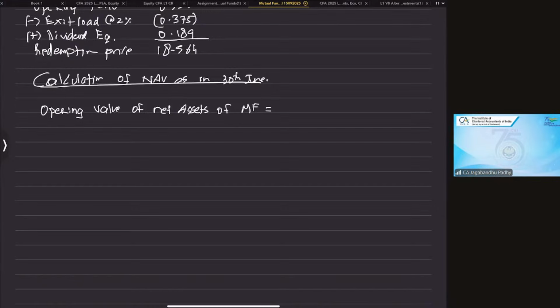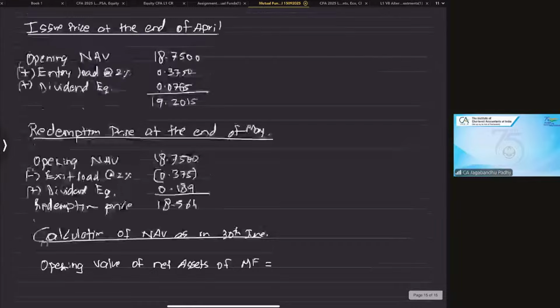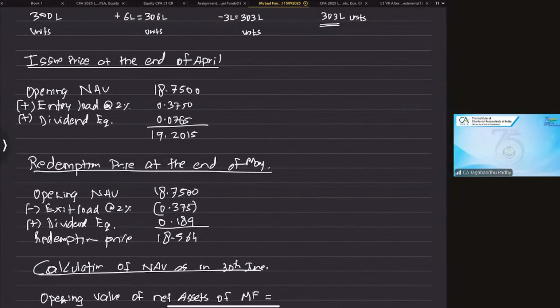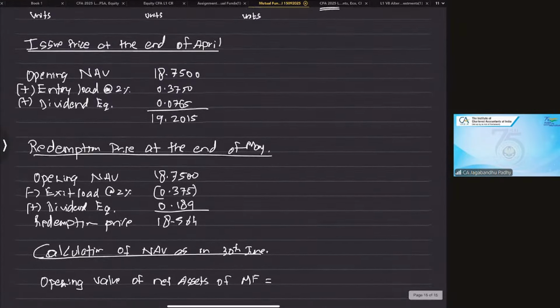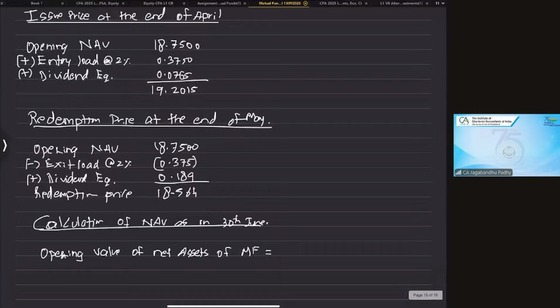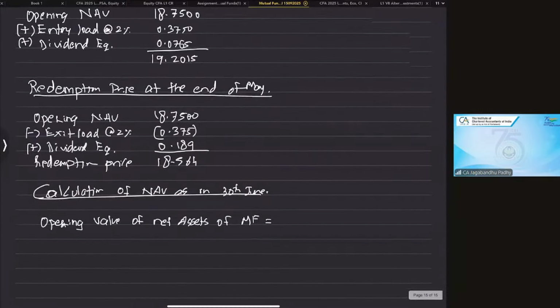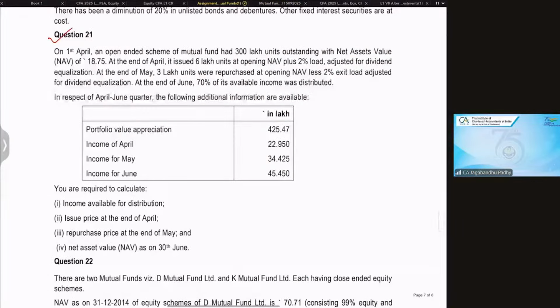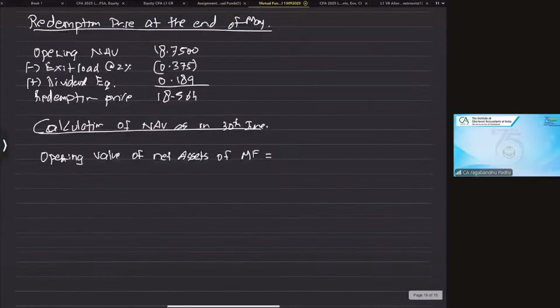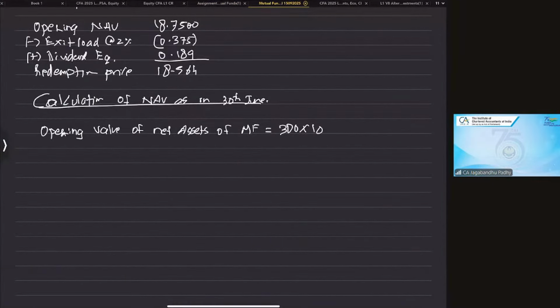So what is the opening value of net assets of mutual fund? It was 300 into 18.75, which is 5625.